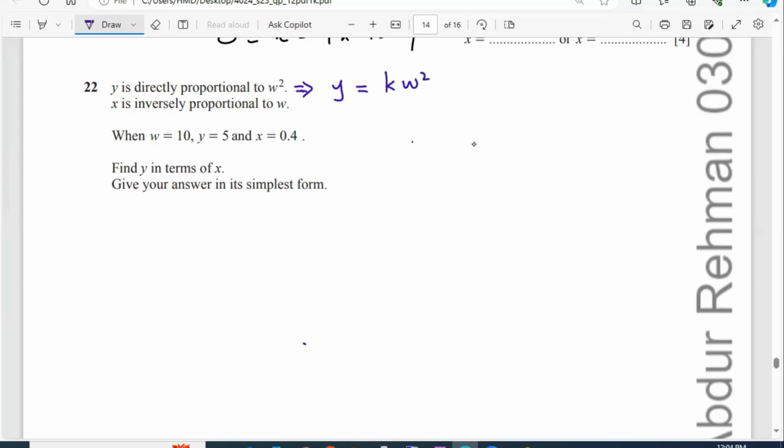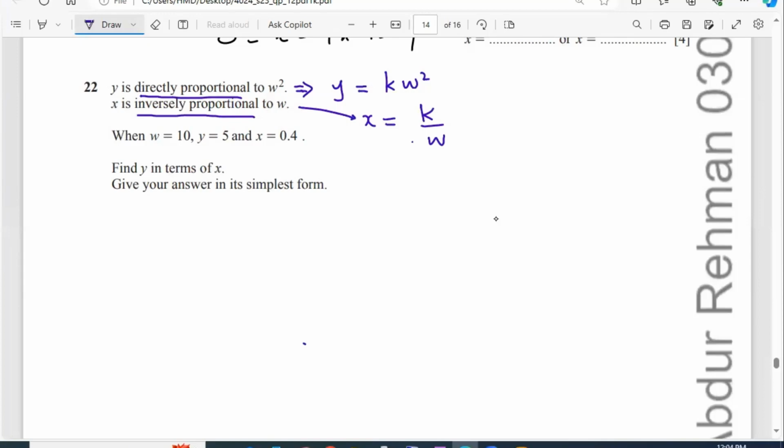And X is inversely proportional to W, so X equals K over W. But be careful, there are two variations here, inversely and directly.